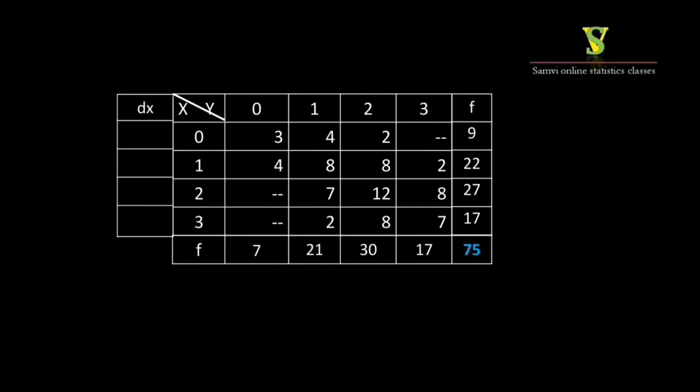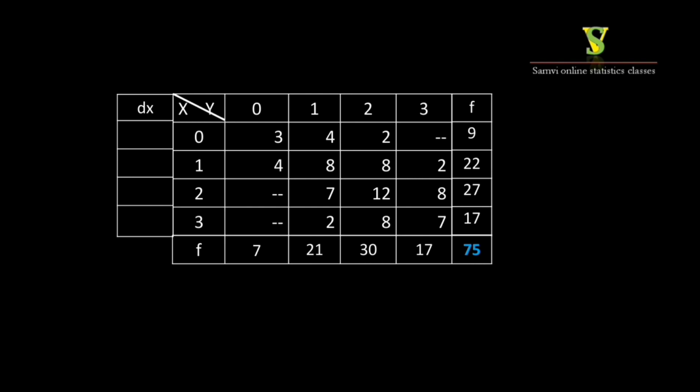If you compare the previous example and this example, in the previous example they gave the class interval, so you calculated the mid value, then dx and dx square. Similarly, in the column wise you went for y, that is mid value, dy and dy square. But here they already gave x and y values, so directly calculate dx and dy.